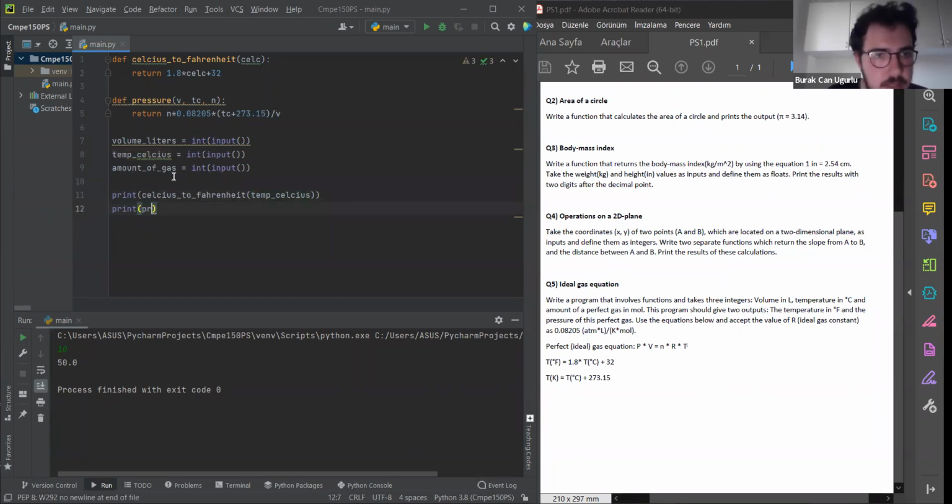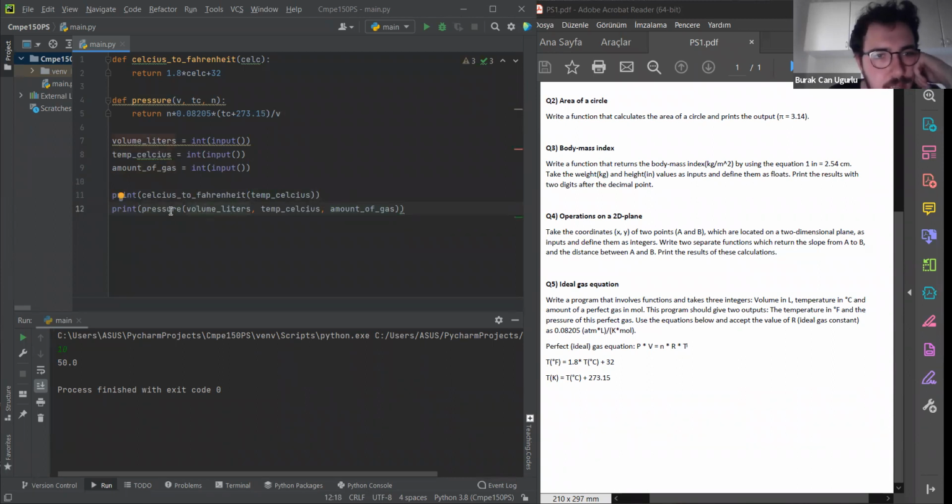Print pressure, and our parameters are volume liters, temp Celsius, and amount of gas. So let me just wrap up this function.